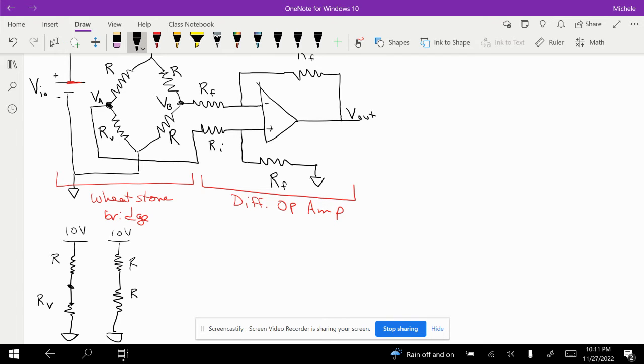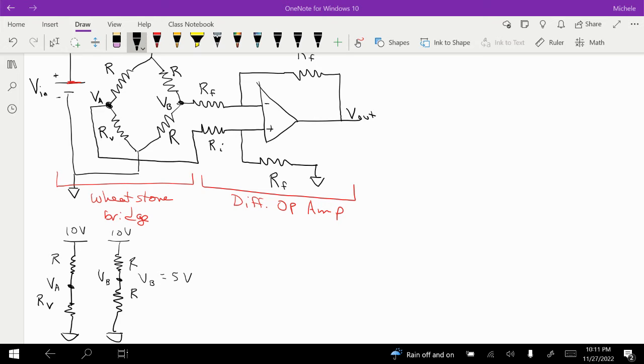And this is our VA, and this is our VB. And if you notice, because this R and this R are the same, our VB value is just going to be equal to 5 volts. Just 10 volts divided by 2, because we're splitting it equally across those two resistors.